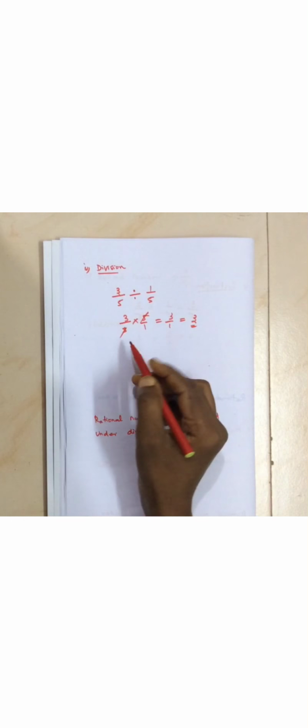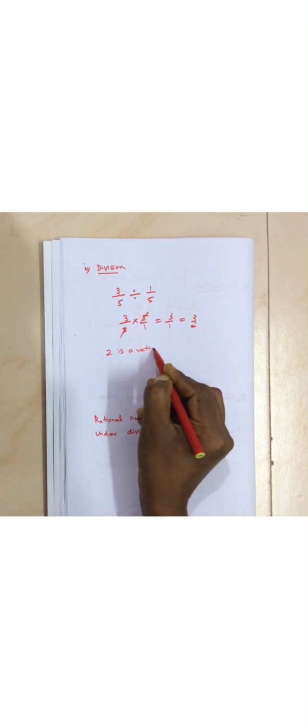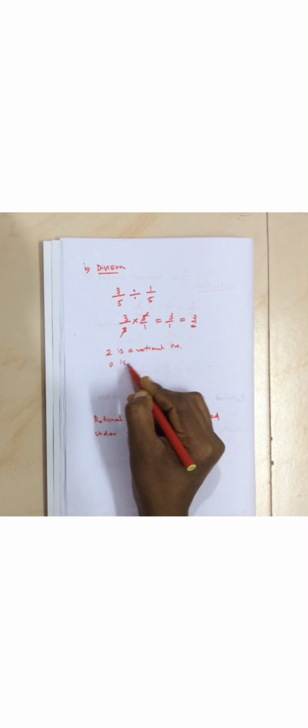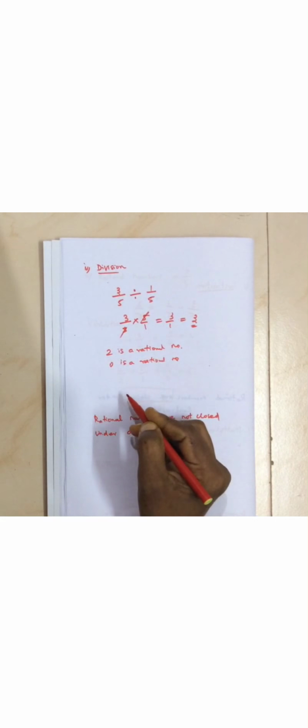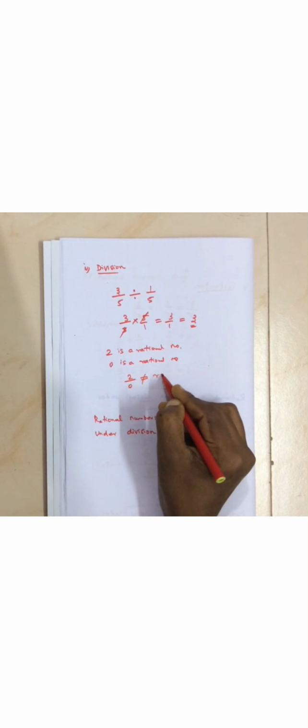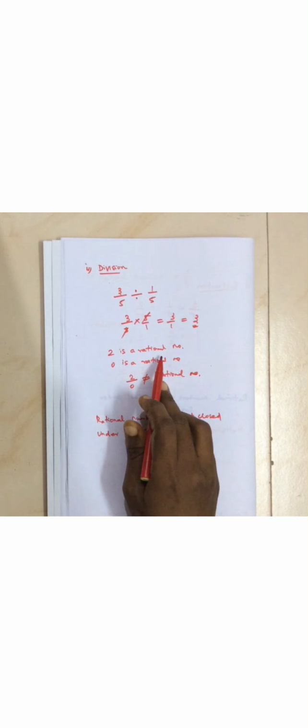Because 2 is a rational number, 0 is also a rational number. What happens is, when you divide 2 by 0, it is not a rational number. This is somewhat tricky to understand. 2 is a rational number, we know, because 2 can be represented in the form of p by q.